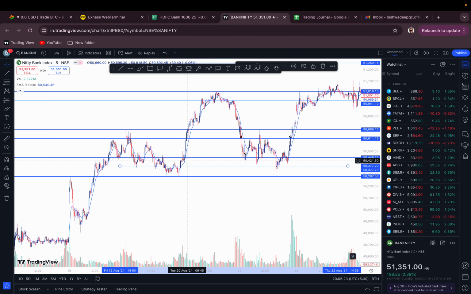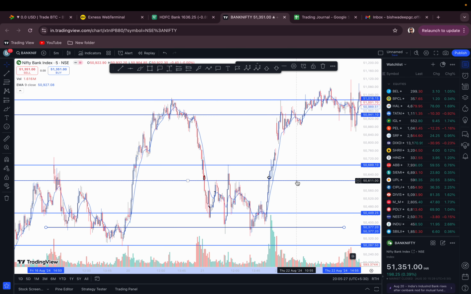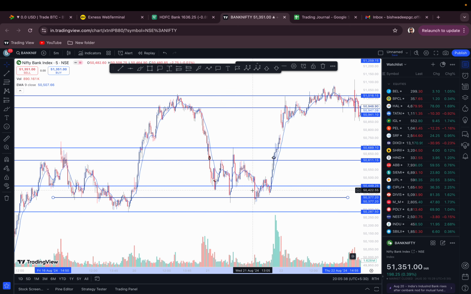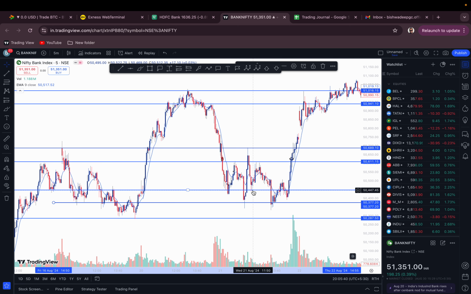Fine, I've drawn the support and the resistance lines. Right, see, now it is much clearer, and you can easily guess how the market will react whenever the price comes down or the price moves up. So on that basis you can easily predict with the help of indicators.